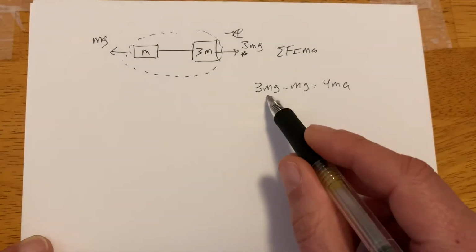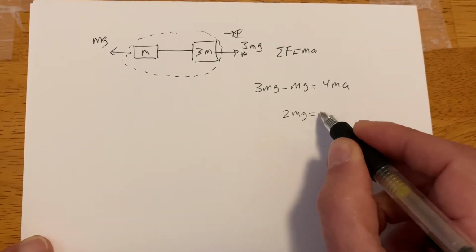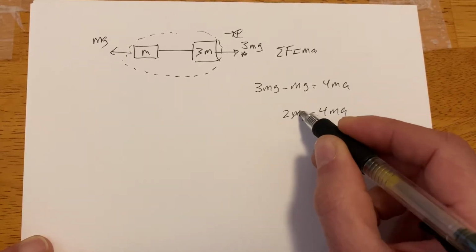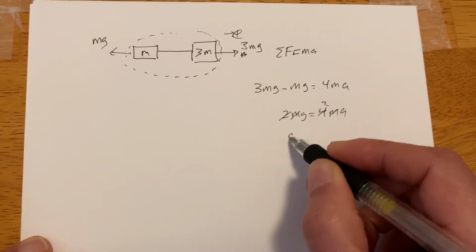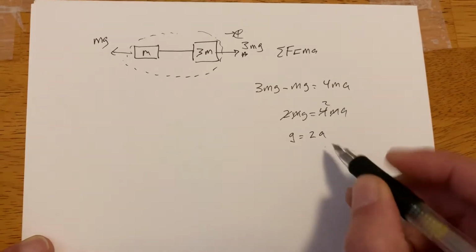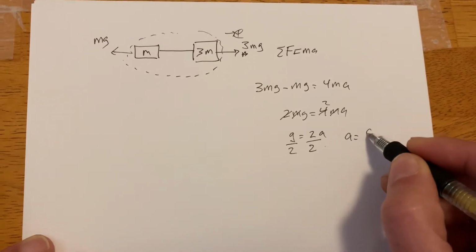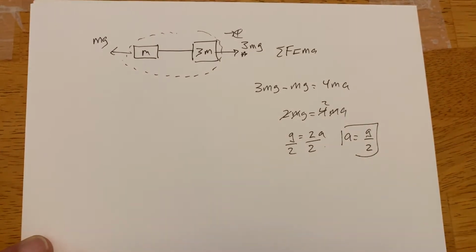All right, so 3mg minus 1mg is 2mg is equal to 4ma. Looks like I can slash and burn the m's. Looks like I can divide by 2. So g is going to be equal to 2a. So my acceleration for this is just going to be expressed as g over 2.